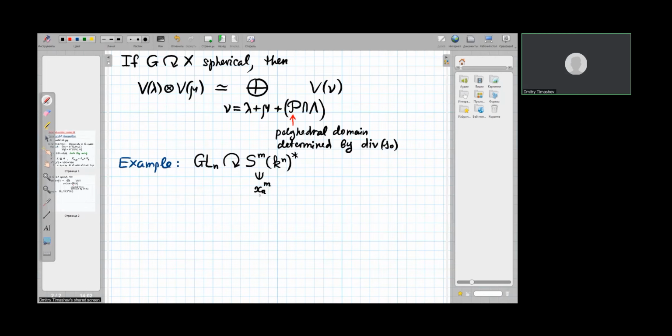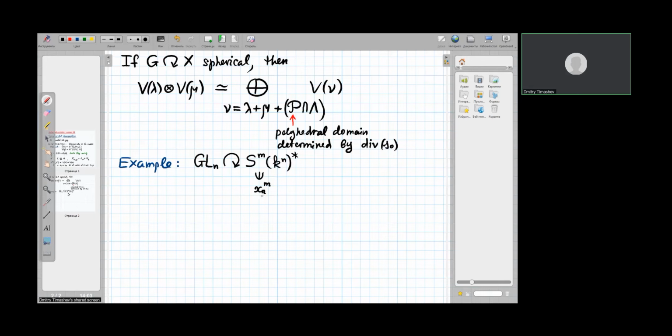And the eigenweight of this last coordinate is minus epsilon_n. Epsilon_n is the last diagonal entry of a diagonal matrix or of an upper triangular matrix, the eigenweight of the last basis vector in K^n.